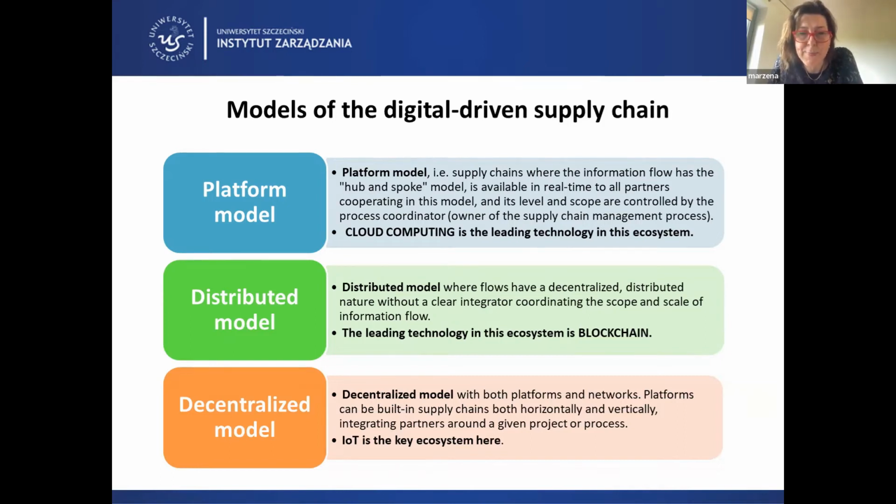It involves both platforms and networks, and platforms can be built in a supply chain both horizontally and vertically, integrating partners around a given project or process. Here we have the Internet of Things as the key ecosystem. Okay, next slide, please.